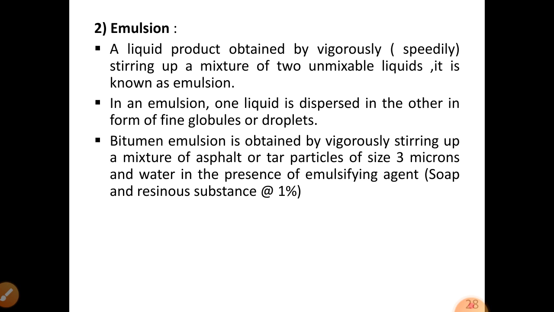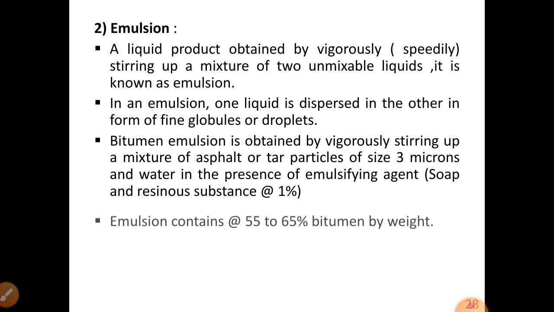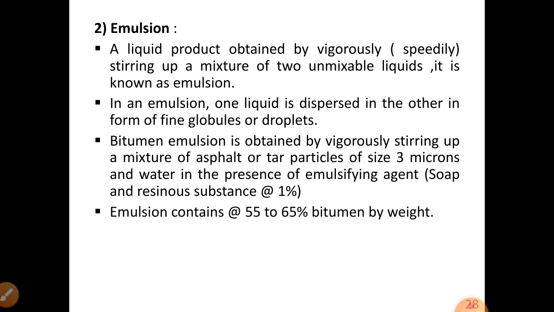Bitumen emulsion is obtained by vigorously stirring up a mixture of asphalt or tar particles of size 3 microns and water in the presence of an emulsifying agent, that is a soft and resinous substance, about 1%. Emulsion contains about 55 to 65% bitumen by weight. Emulsion bitumen is used in all weathers.